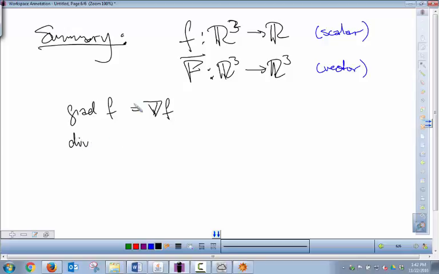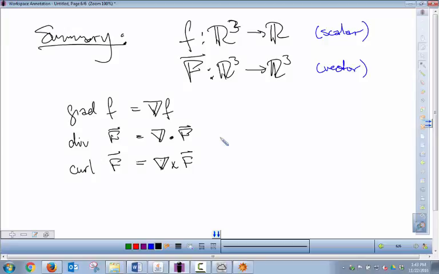We can't take the div of little f, but we can take the div of a vector field, capital F. And we could take the curl of capital F as well. And so these are the three basic operations that you use with the del operator.